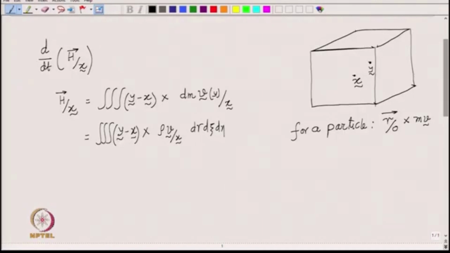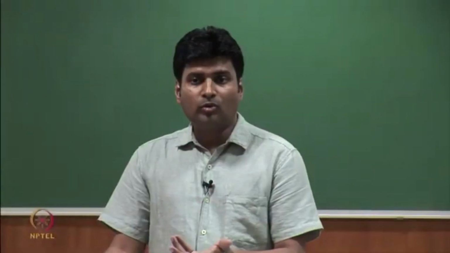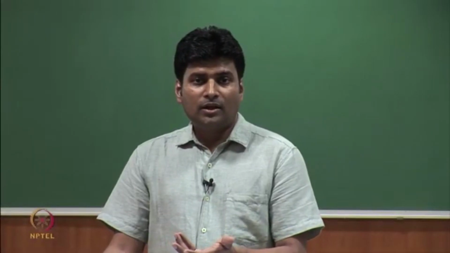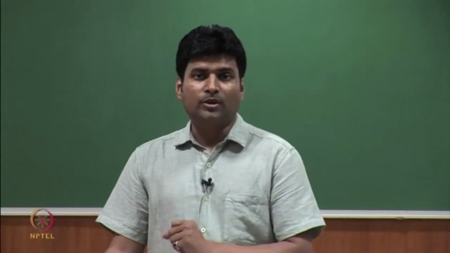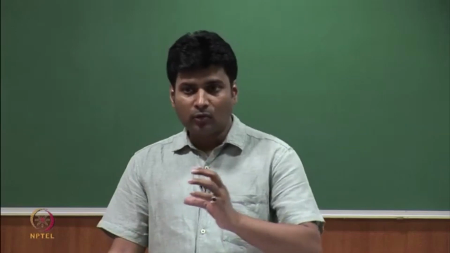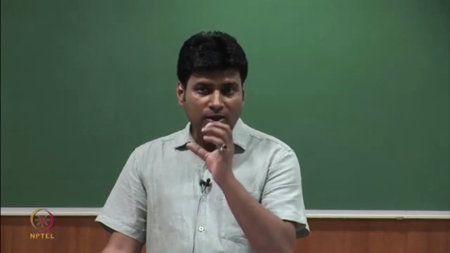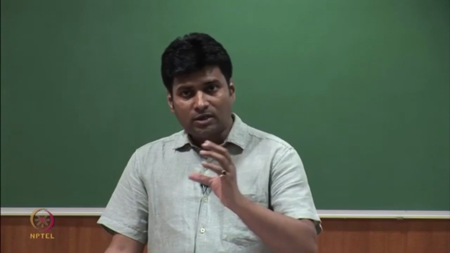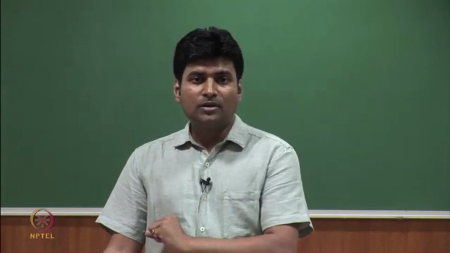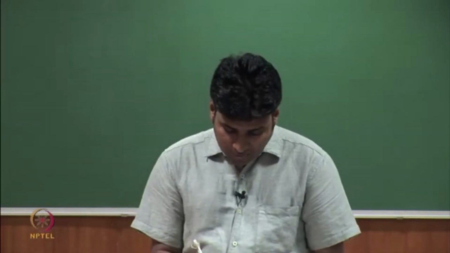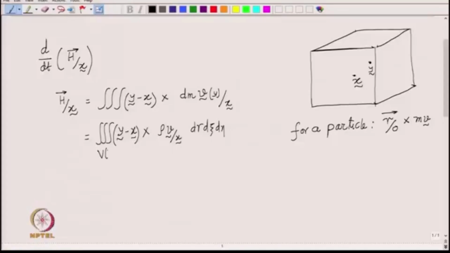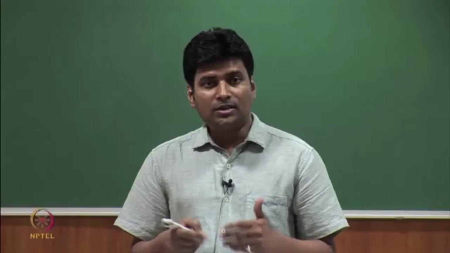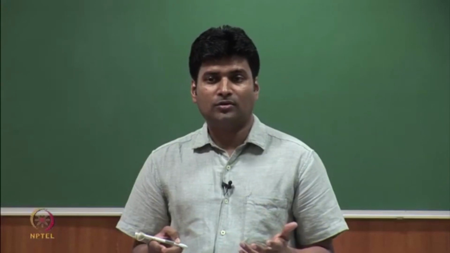If you do the integration in the volume domain, then the volume is a function of time, because as the mass is flowing, the volume of that set of mass is also changing with time. So, whenever we do d by dt of this quantity, we have to take into account the change in volume also.